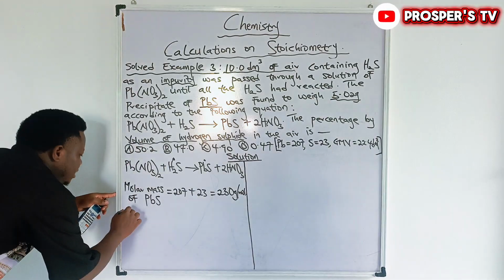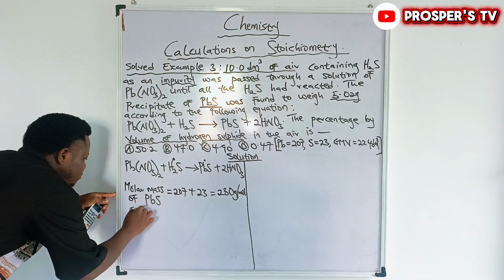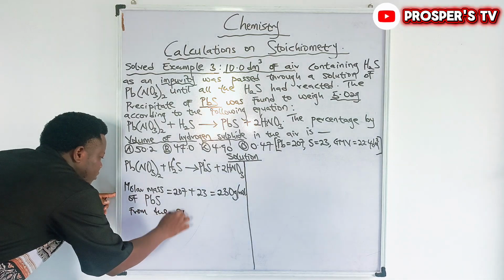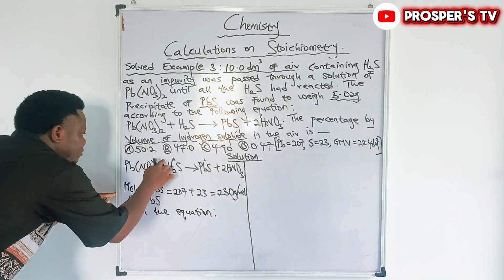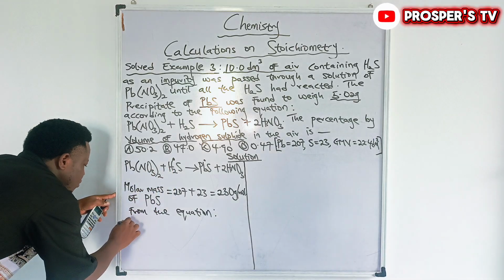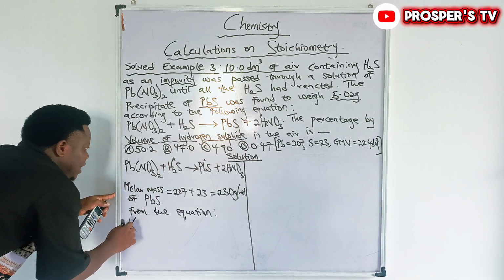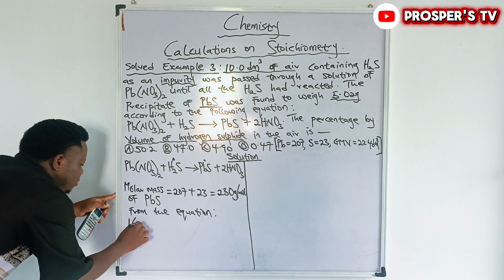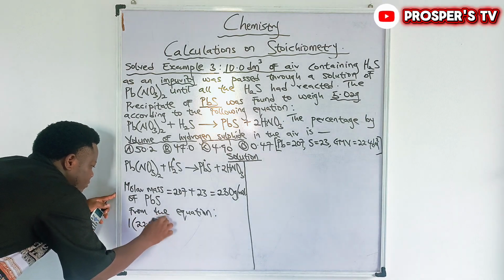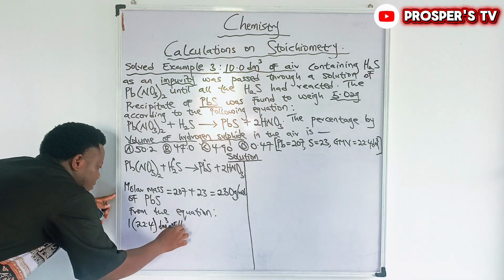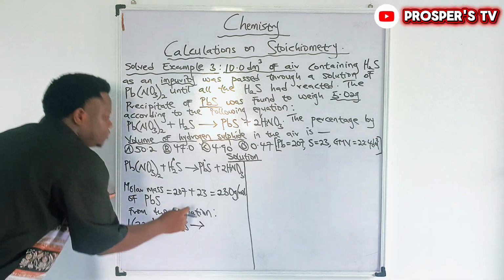So what do I say? I simply say from the equation, yes, from the equation we have the coefficient at the back here is 1. So 1 times hydrogen sulfide, the volume is 22.4 dm cube of hydrogen sulfide produced.